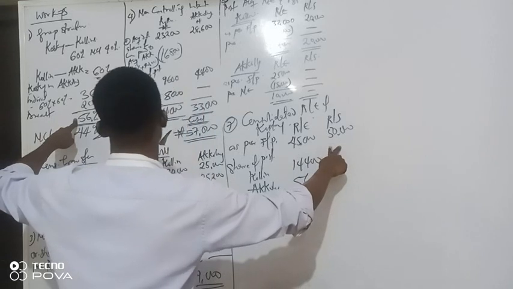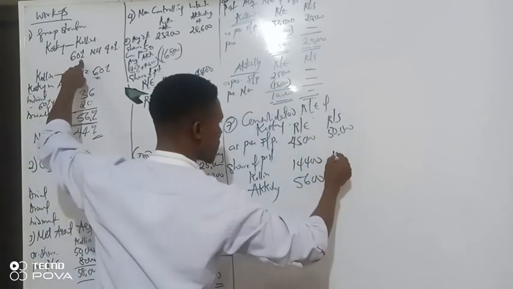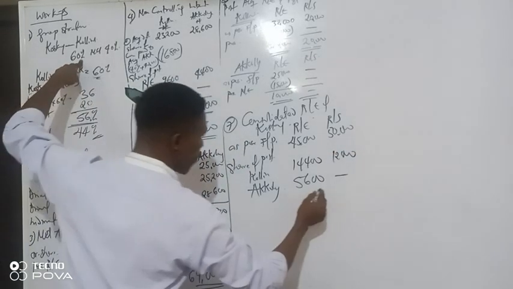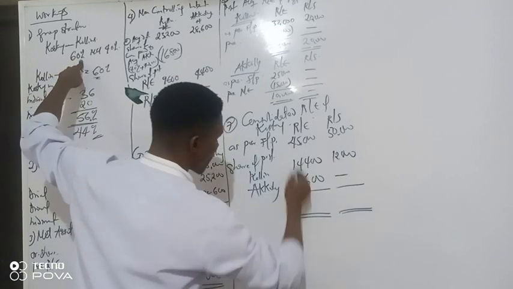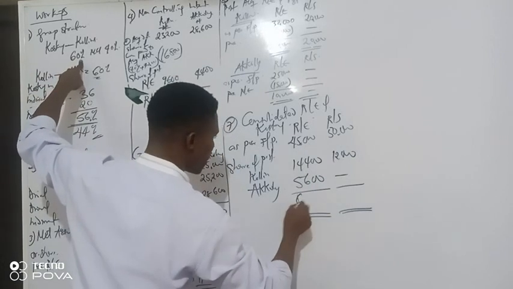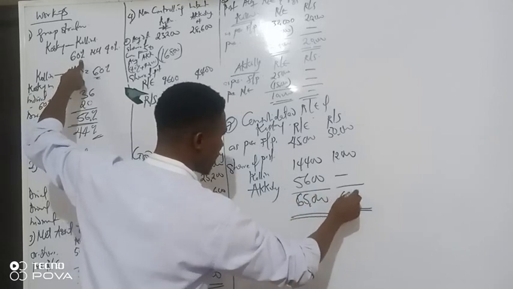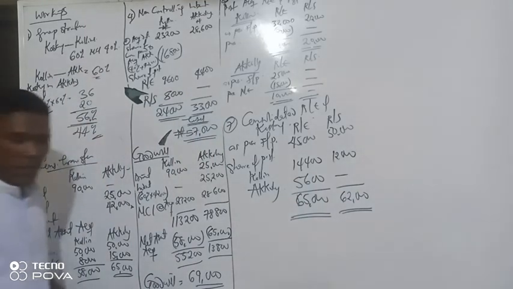Then for the revaluation surplus, 60% of 20,000 is 12,000. In view of that, with no other information, put them together: 65,000, and 62,000. So let's go and apply our condition right now.